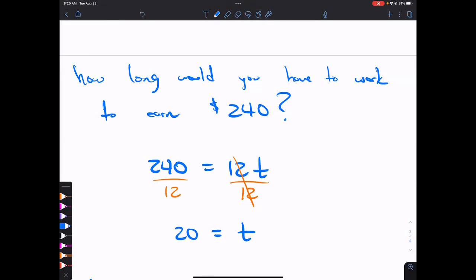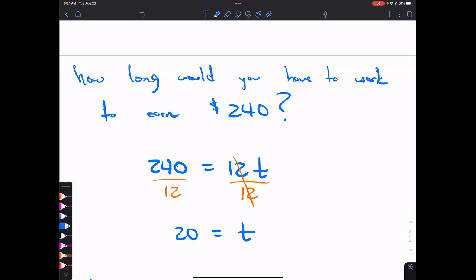So assuming your pay doesn't change, you didn't get a raise, the pay rate stays the same, if the next week you work 20 hours, how much should you get paid? $240 again, right? What if the next week you work 20 hours and your boss only pays you $200? What are you going to do? Send a sternly worded email, or have a talk with somebody, because something hasn't gone the way it should.